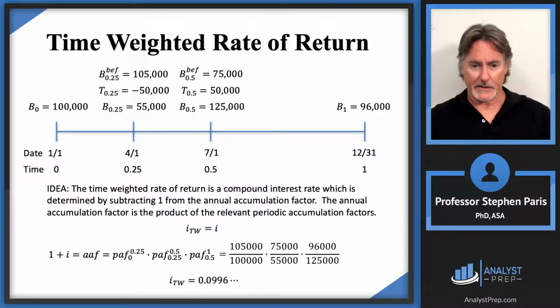That periodic accumulation factor was 75,000 divided by 55,000, which means the 55,000 accumulated to 75,000 over that 3-month period. That's an outstanding accumulation. And it happened right after we took out $50,000, right after there was a withdrawal of $50,000. So it was bad timing on that withdrawal of $50,000.